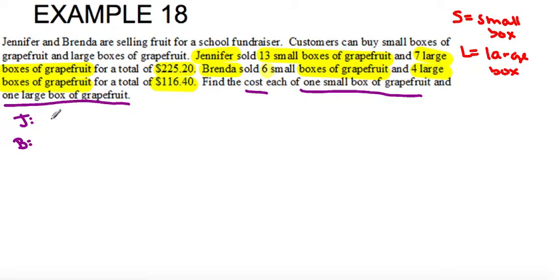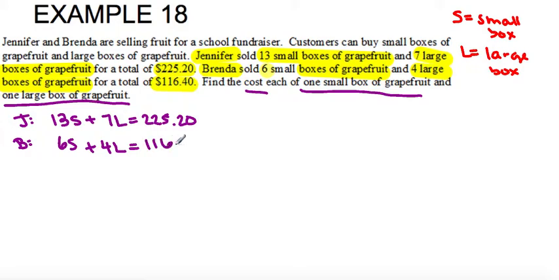Jennifer's equation looks like 13 small boxes, so 13S, plus 7 large boxes, so 7L, equals 225.20. Brenda's equation looks like 6S, 6 small boxes, plus 4 large boxes, so plus 4L, equals 116.40.